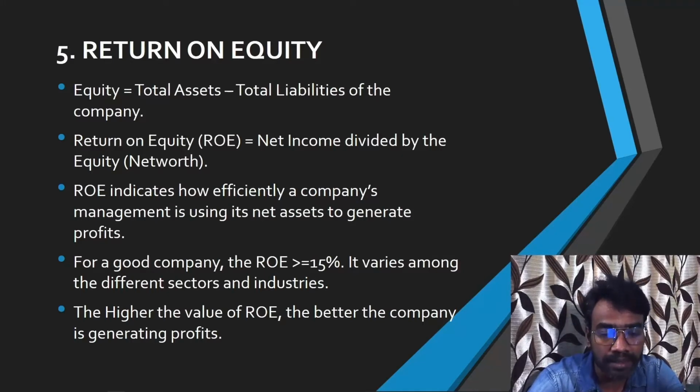In layman's terms, it is the returns achieved by the company on the invested assets after paying out all loans, dues and debt. For a good company, ROE shall be more than 15%, but it varies among different sectors and industries. The higher the value of ROE, the better the company is generating profits.